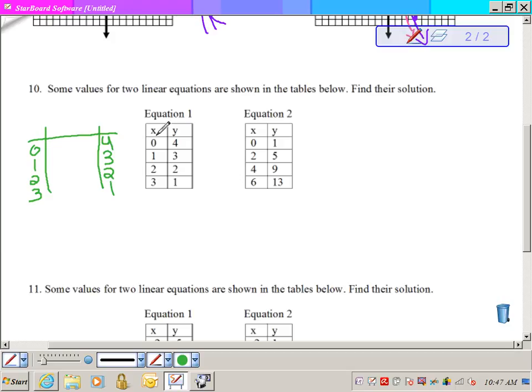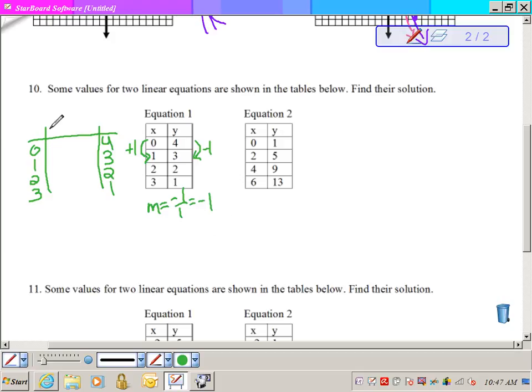And I find slope by going change in x is +1. Change in y was -1. Now my slope, was it y over x or x over y? Y over x. So it's -1 over 1, which is going to give me a slope of -1.